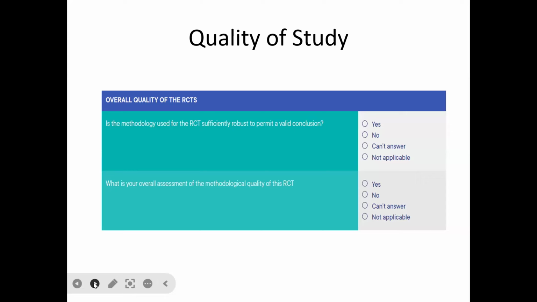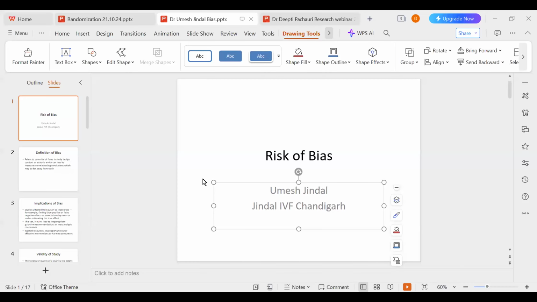I think the answer they've given is yes, but it should be good or, see, usually it is rated in plus plus or plus plus plus. So if you give the rate or grade, then the highest grade would go to this study. And with that, thank you very much. I hope I have been able to clear some doubts.